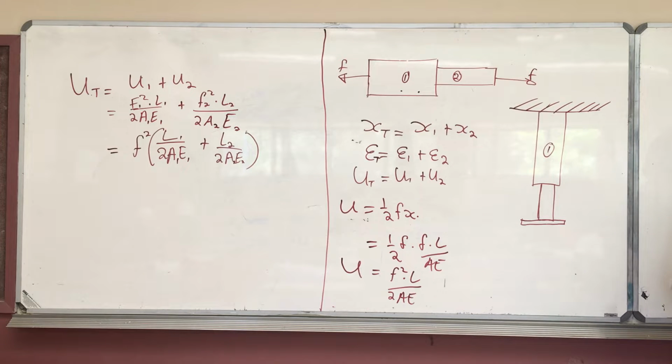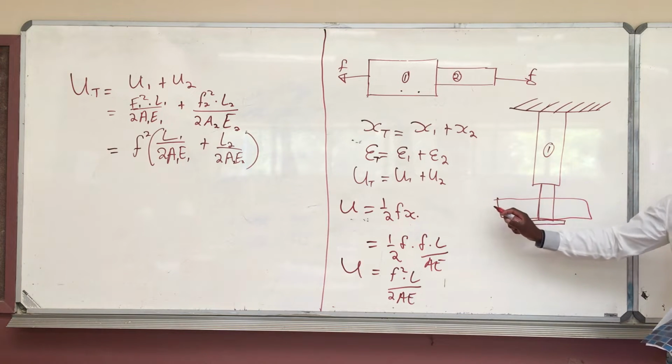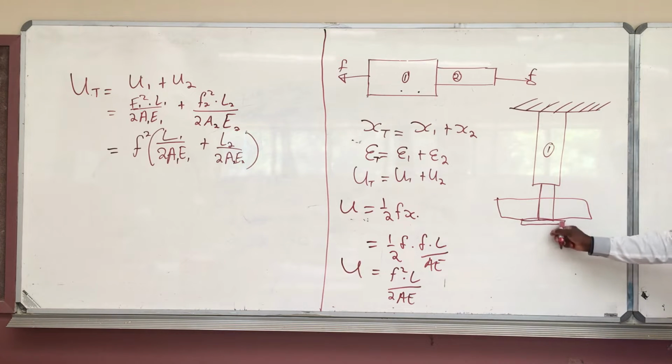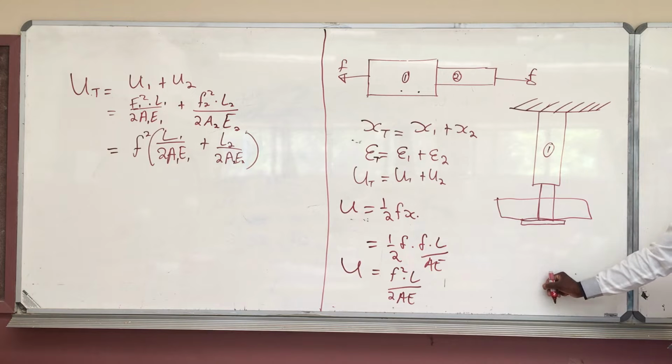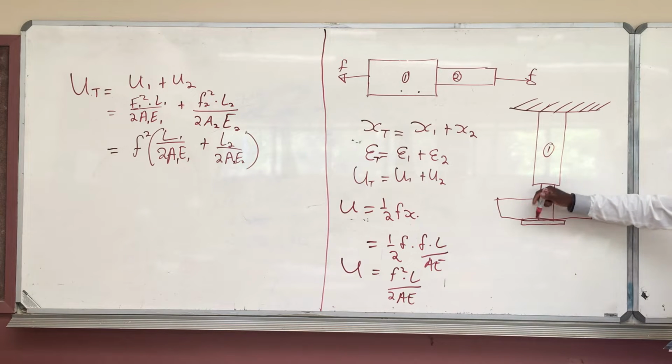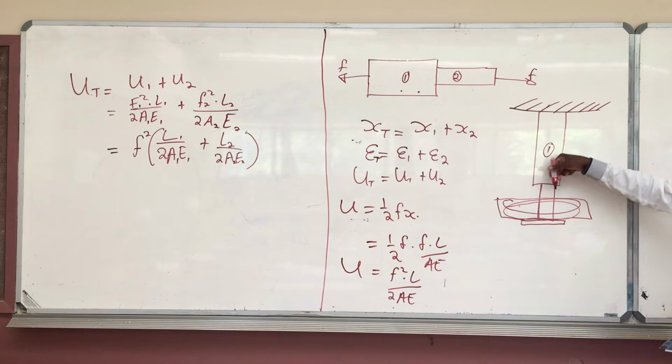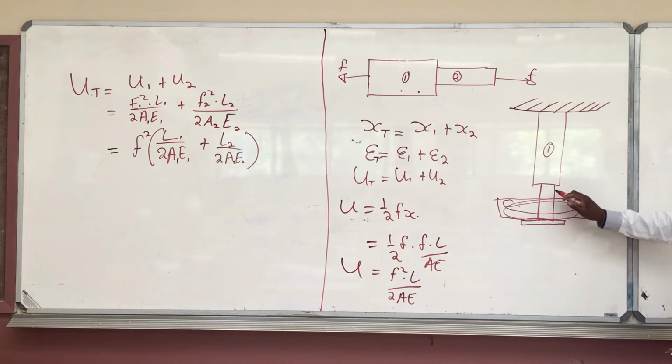The purpose of this bar is to hold this one so that it does not fall. When you apply force, either you come and put it here, or you put this weight here. This weight is the one applying force on rod 1 and rod 2.